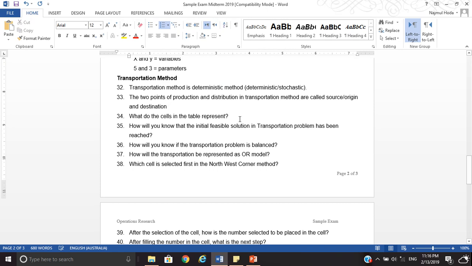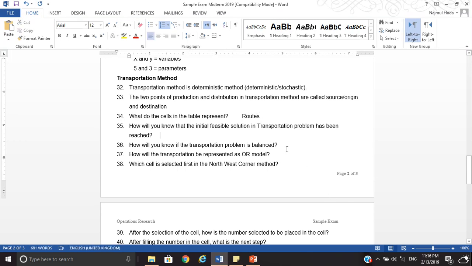Now, what do the cells in the table represent? Cells represent the routes, the paths through which the products will be sent from one factory to the market or the stock or the depot. So, this is one of the major objectives in the transportation problem, selection of the best route.